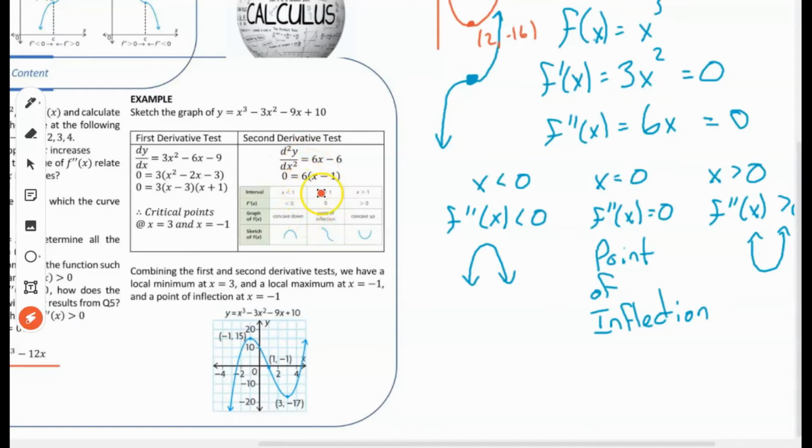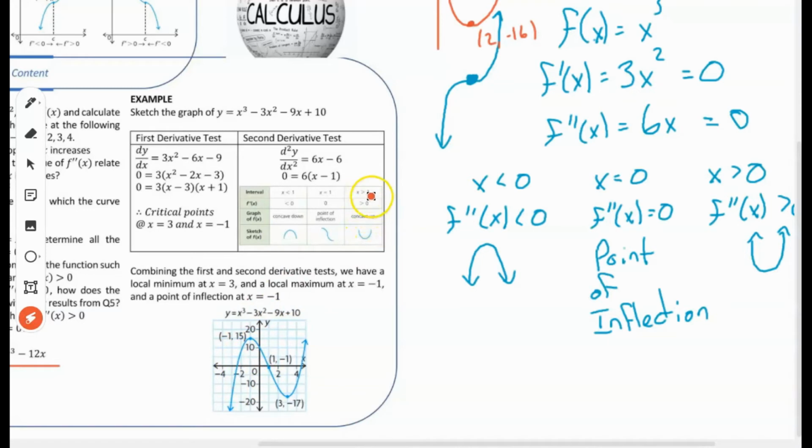It looks like the second derivative would be 0 if x equals 1. So you create a chart with x equals 1. Then you look for where it's less than 1 and where it's greater than 1 and what the value of that second derivative would be. We see that the second derivative is less than 0, so we get a concave down shape, which is right here.